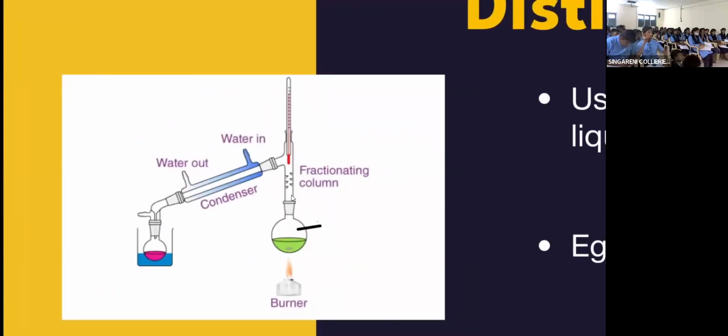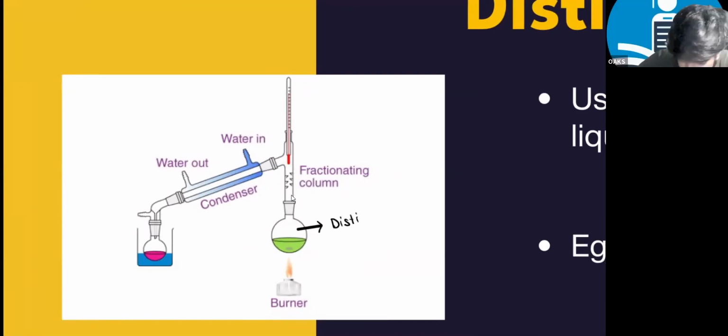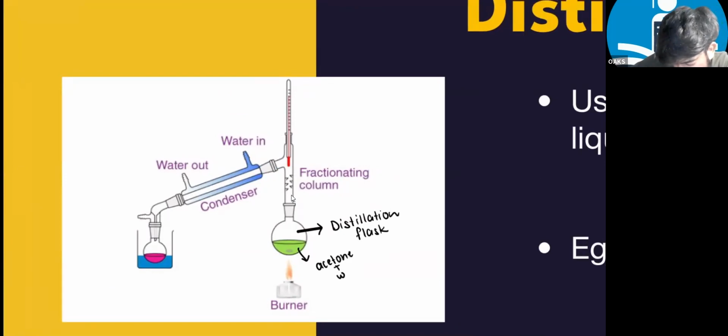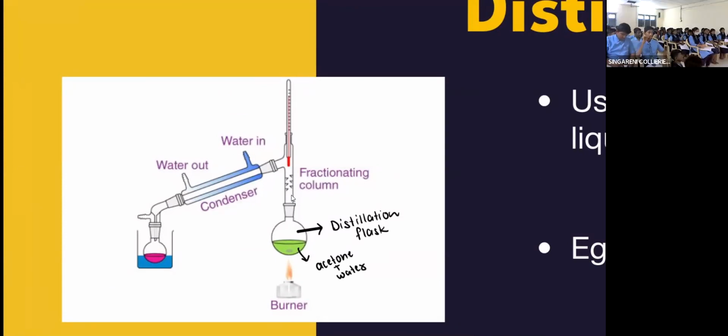Let's write here: distillation flask, right? Now, after this, what is going to happen? In this distillation flask, we are taking acetone as well as water. It is a mixture of acetone and water, right?